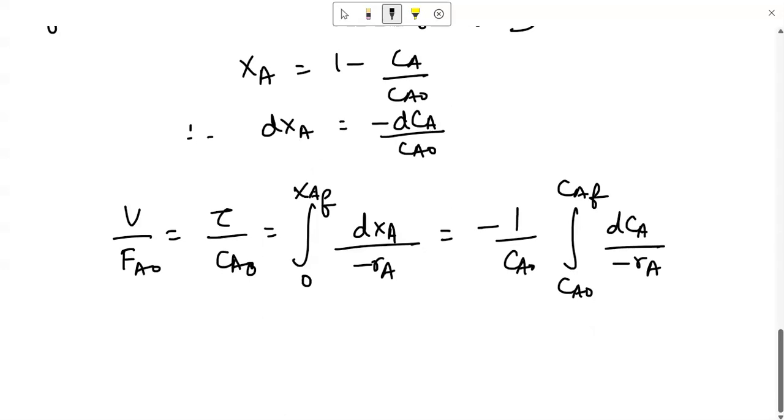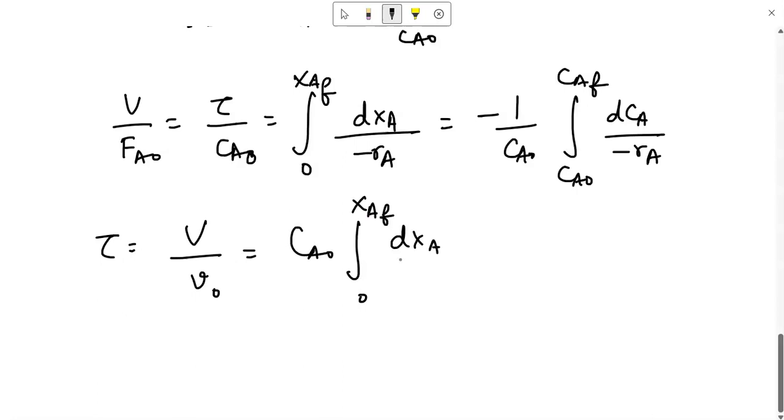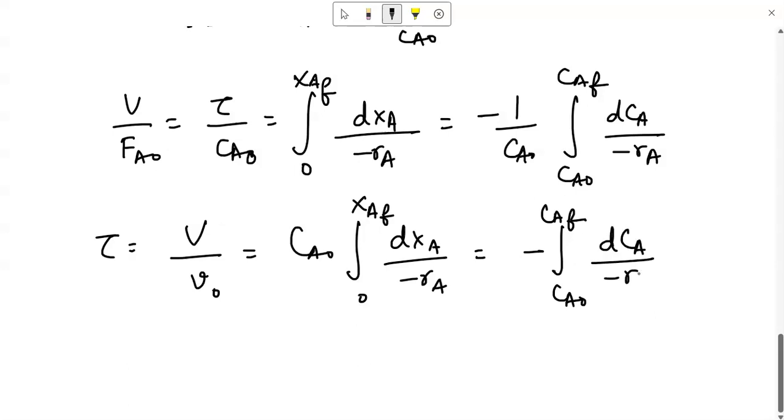Or in terms of tau, you can write tau equals V by v0 equals CA0 integration 0 to XAf dXA by minus rA equals minus integration CA0 to CAf dCA by minus rA.